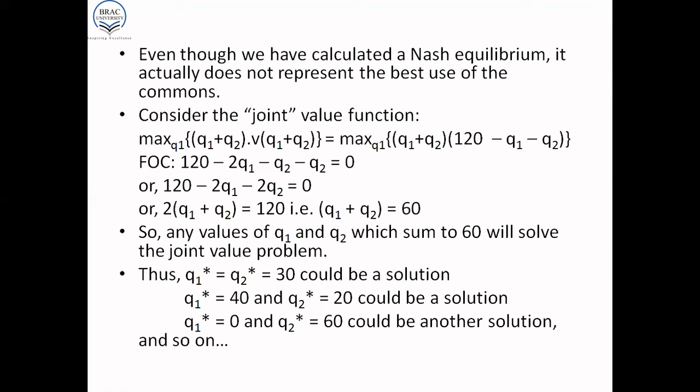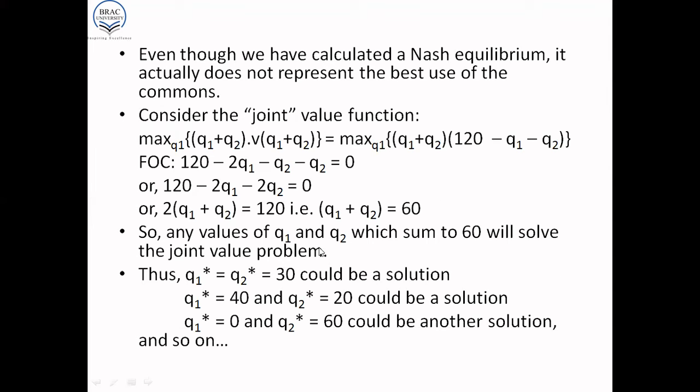So we have (Q1 plus Q2) times V, and that's equal to (Q1 plus Q2) times (120 minus Q1 minus Q2). Let's solve this for herder 1. So we maximize it with respect to Q1, and your first order condition will yield 120 minus 2Q1 minus Q2 minus Q2 is equal to 0. And from here, we can get the expression Q1 plus Q2 is equal to 60.